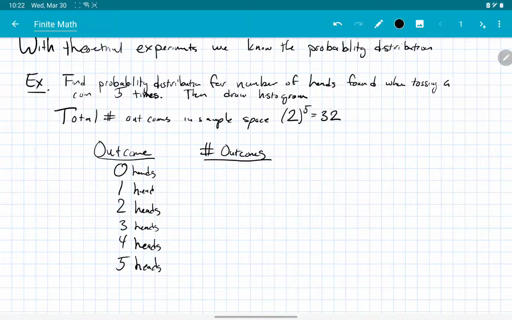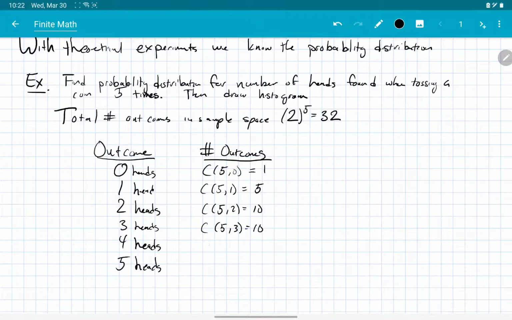To find the number of outcomes with 0 heads, this is choosing 0 from 5, combination of 5, 0, which is 1. This is the next one, 1 head, is combination of 5, 1, which is 5. 2 heads is combination 5, 2, which is 10. 3 heads is combination 5, 3, which is 10. 4 heads is combination 5, 4, which is 5. And 5 heads is combination 5, 5, which is 1. So those are the total number of outcomes that have each of those number of head possibilities.